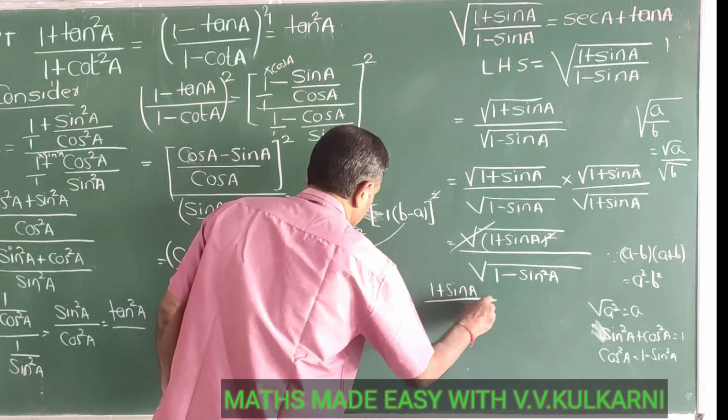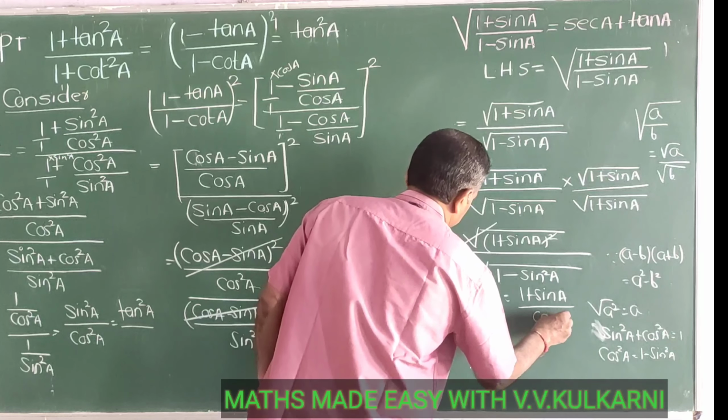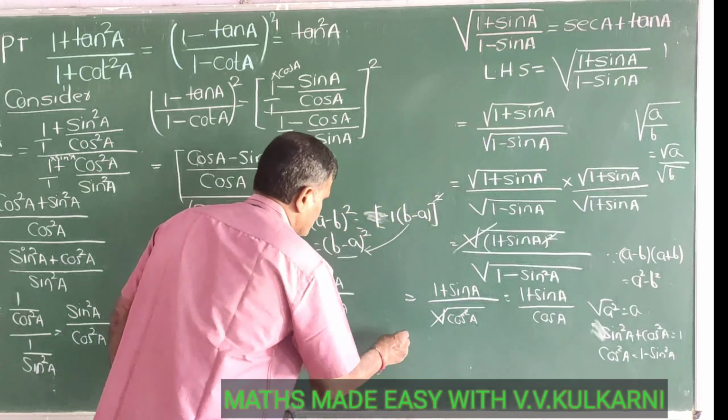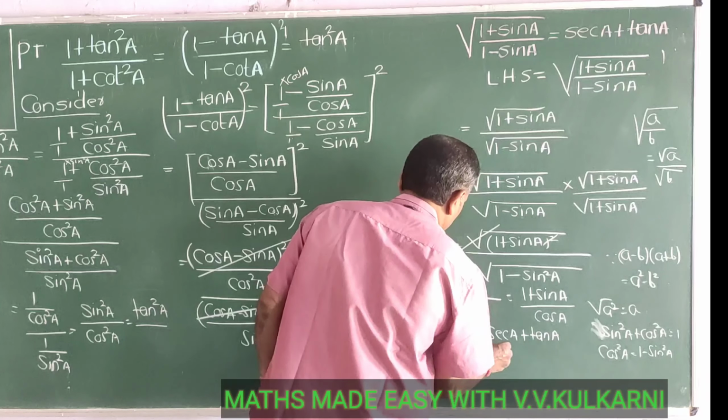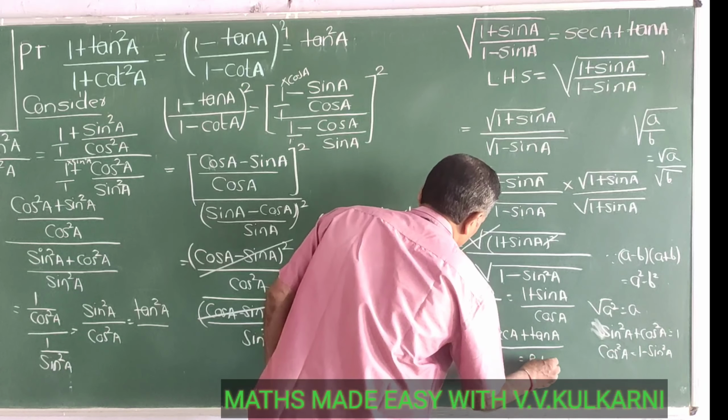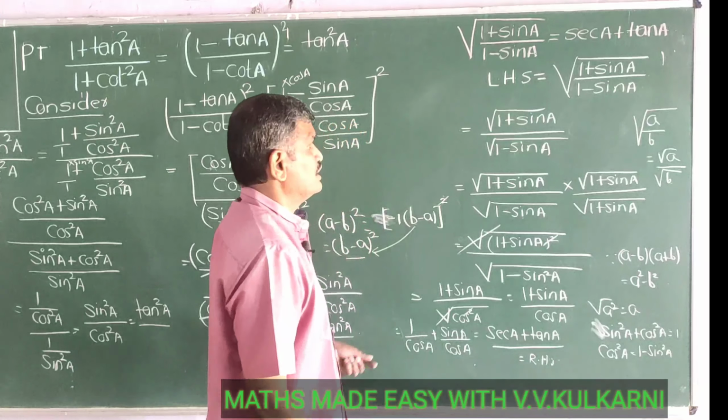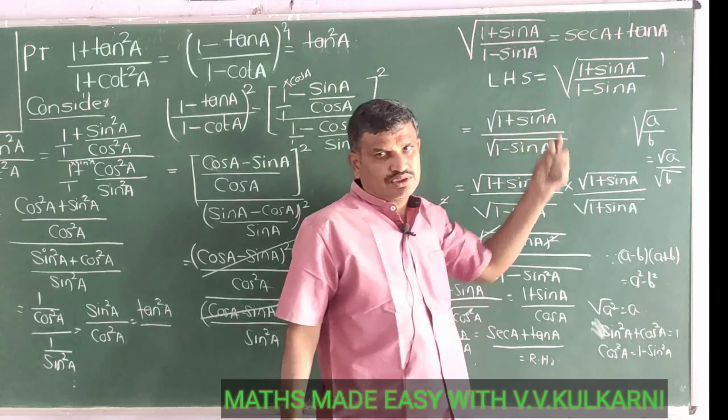Here what we get is 1 plus sin a by cos a, and if you solve it you will get 1 by cos a plus sin a by cos a. 1 by cos is sec and sin by cos is tan, and that is what you are supposed to prove. This is equal to your right hand side. This is what we have to prove, sec a plus tan a.